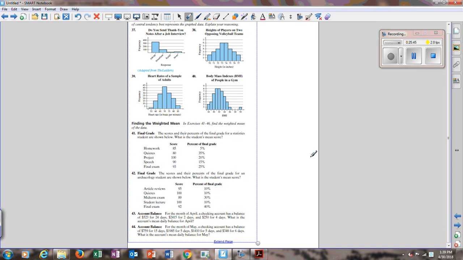Whenever you find the weighted mean, it is 95 times the percentage as a decimal, 0.1, plus 100 times 0.1, plus 89 times 0.3, plus 100 times 0.1, plus finally 92 times 0.4.